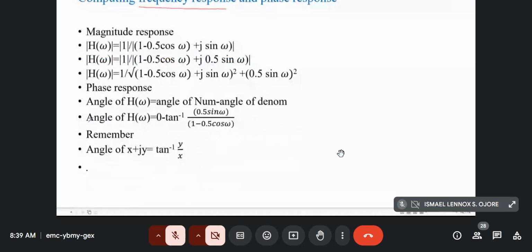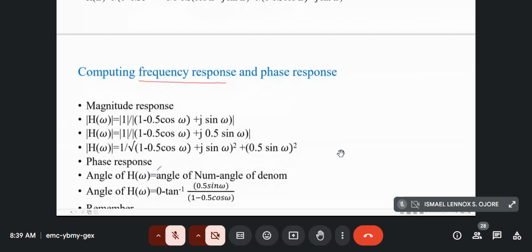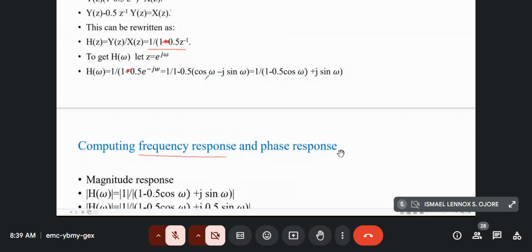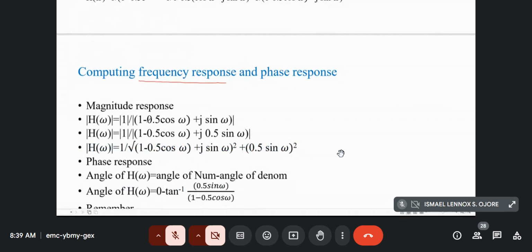We looked at it yesterday, so that gives us a frequency response. Yeah. Magnitude response. We also did that. So of course it's simply the square root of x squared plus y squared if you have x plus jy.